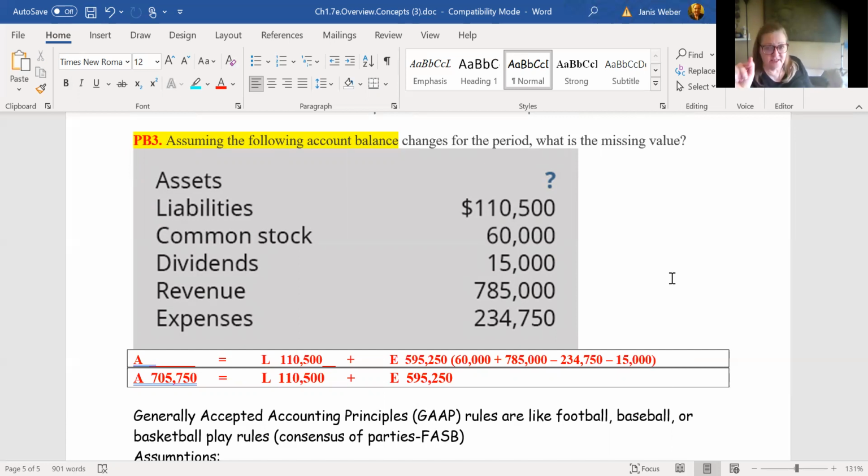So when I add 60,000 plus 785,000 minus 234,750 minus 15,000, that brings me to equity of 595,250. So if equity is 595,250 and liabilities is 110,500, that means my asset total has to be 705,750.